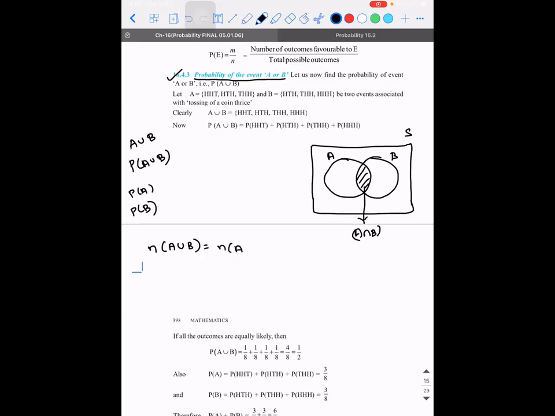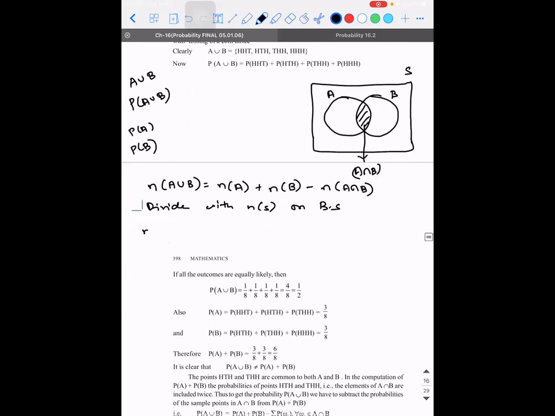It is the number of elements in A plus the number of elements in B minus the number of elements in A intersection B. Now I'm going to divide by n of S on both sides. So n of A union B divided by n of S is equal to n of A divided by n of S plus n of B divided by n of S minus n of A intersection B divided by n of S.